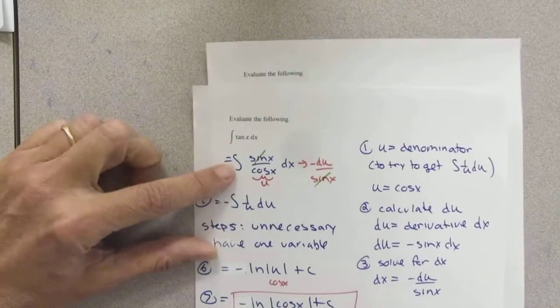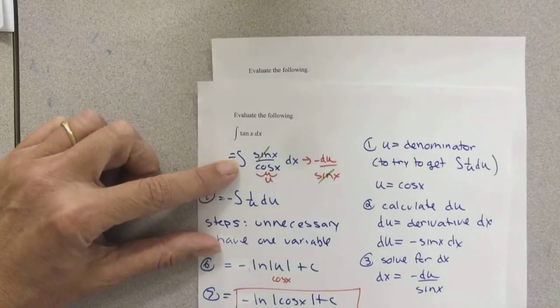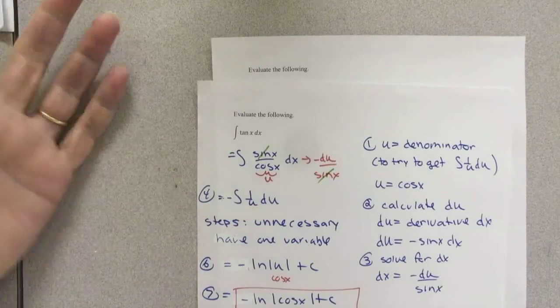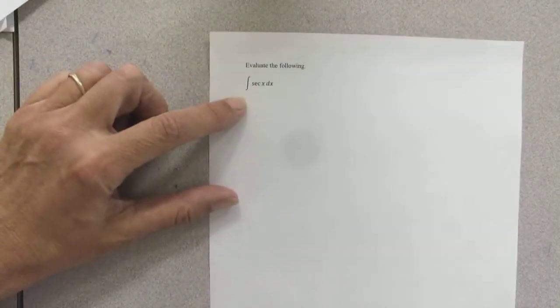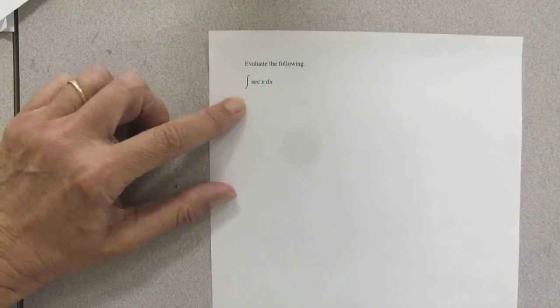Okay, secant. And so you might be tempted to do the same thing we did here, rewrite it in terms of sine over cosine, or in terms of sine and cosine. But here, this is just 1 over cosine.